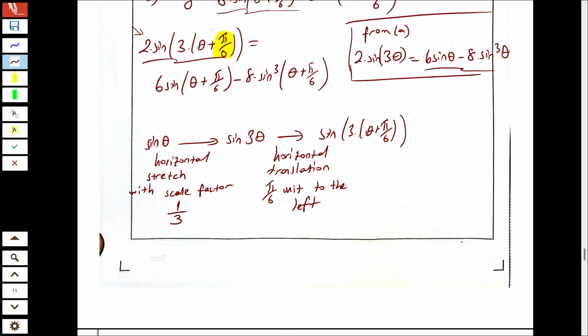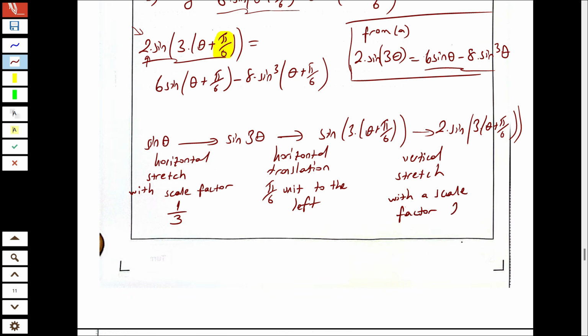And the last step will be a vertical stretch with a scale factor 2, right? Let's write it. And this is vertical stretch with a scale factor 2. Yeah, that's it.